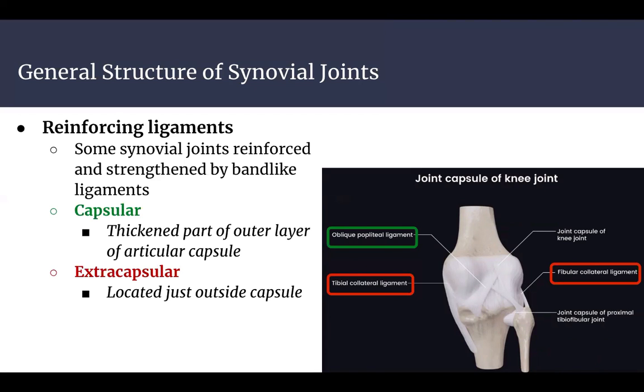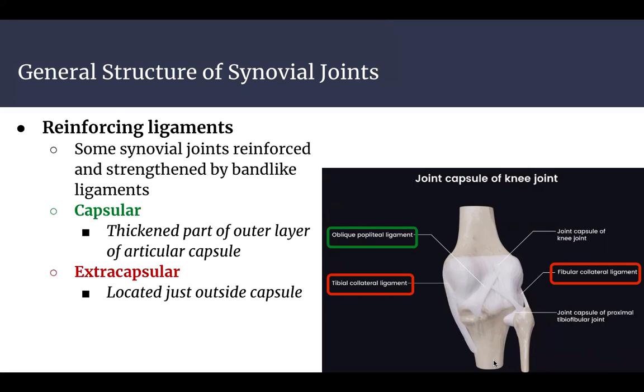Okay. So we saw on the last slide that the synovial capsule is doing a good job of binding the bones together. Here we're looking at the knee joint on this slide. So we have the bones joining here, and here's the capsule running between them, so that the fibrous portion of that capsule is blending in with the periosteum of these bones.